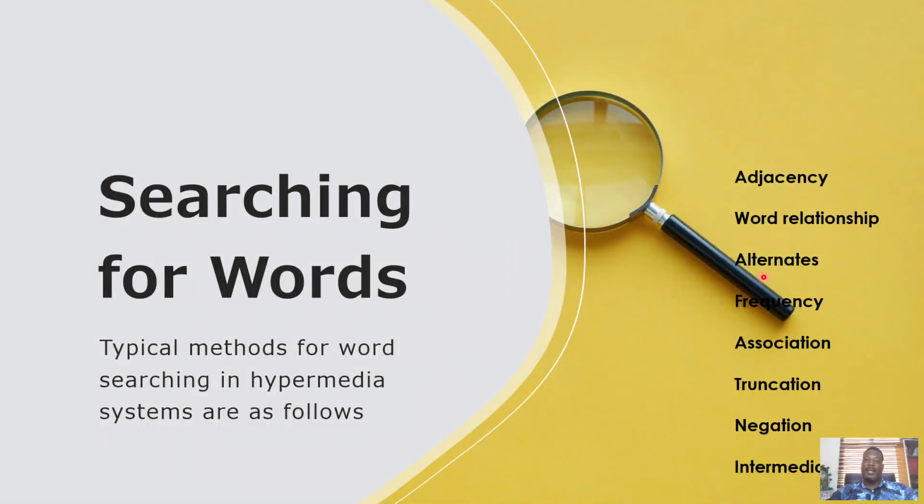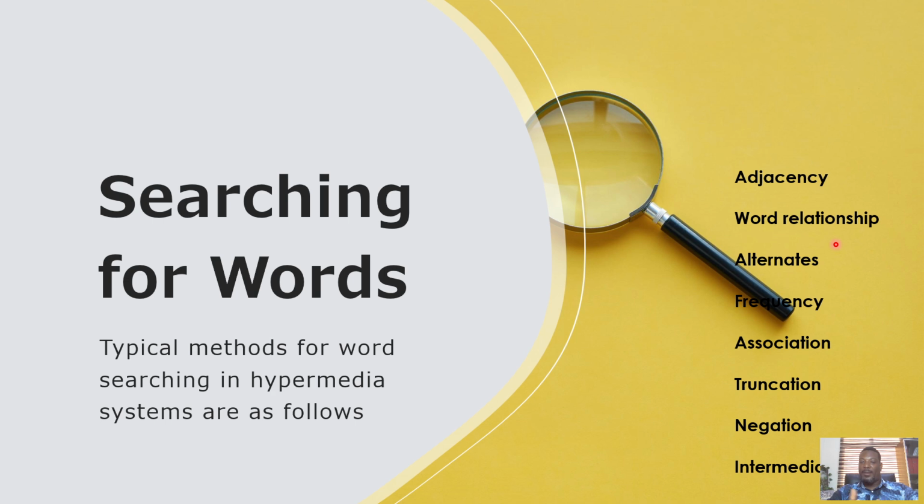Now, there are times we want to be able to search information online. So, assuming we are searching for words, there are typically some certain methods that we have to go through to be able to search a hypermedia system and be able to get very good results. And these are some of them. We have the adjacency, the word relationship, the alternatives, the frequency of the words that exist in maybe the document, the association of the word that you have in the document to others, truncation, as the word truncates into truncation, that is the cutting.